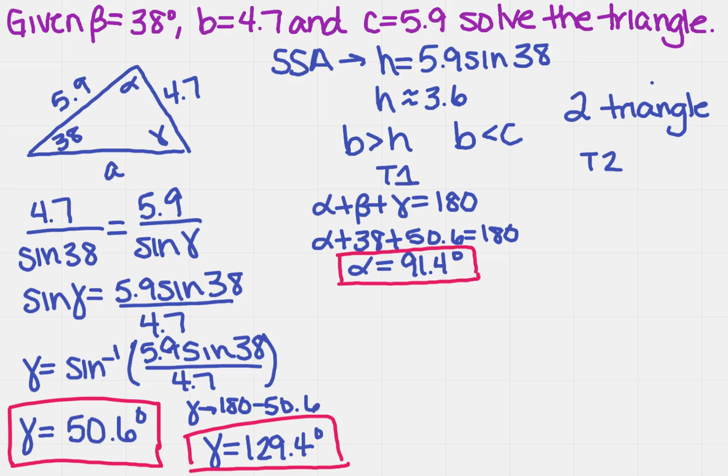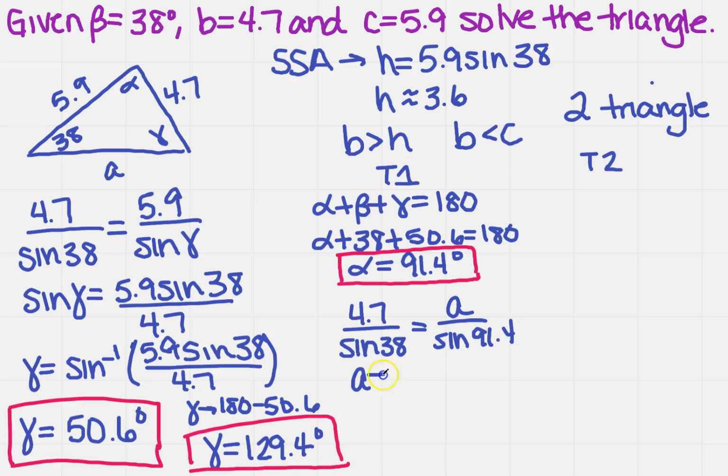So now what am I missing from the first triangle? Well, I've got all of the angles, but I still need that third side. So I'm going to take the original 4.7 divided by sine 38 equals side A divided by the sine of the number I just got, which is 91.4.